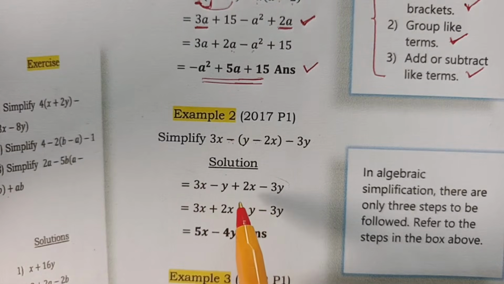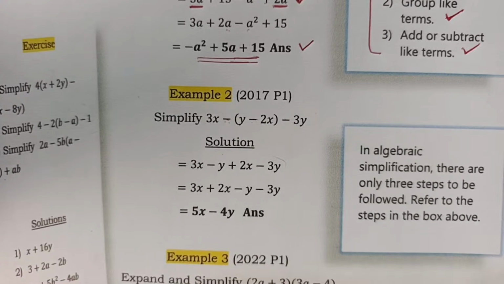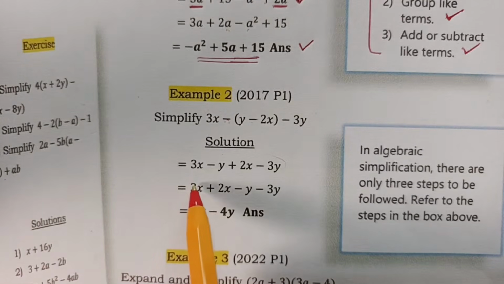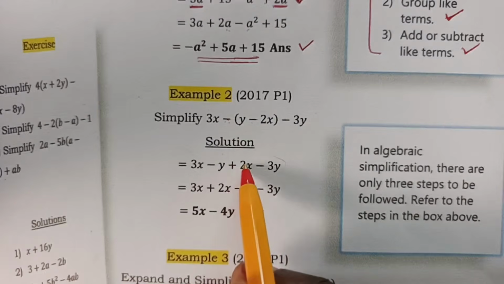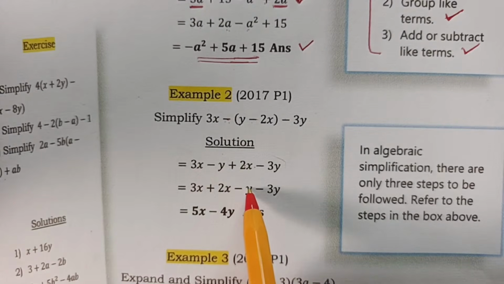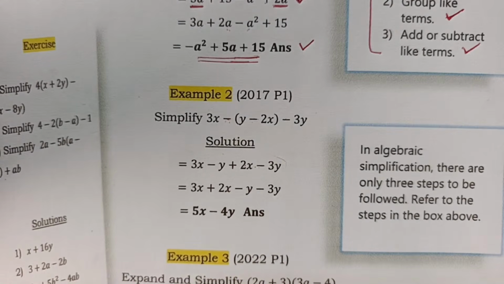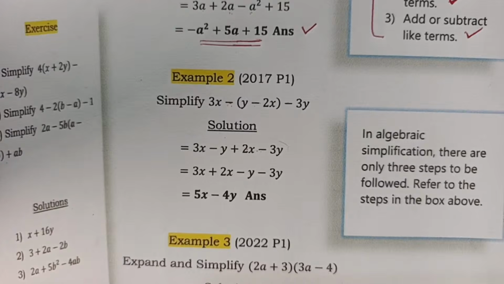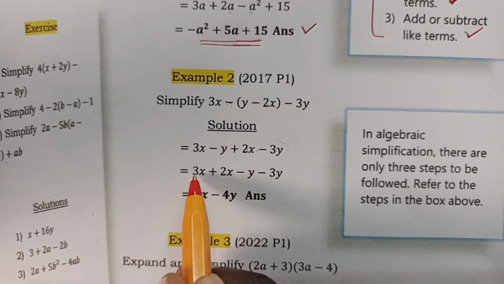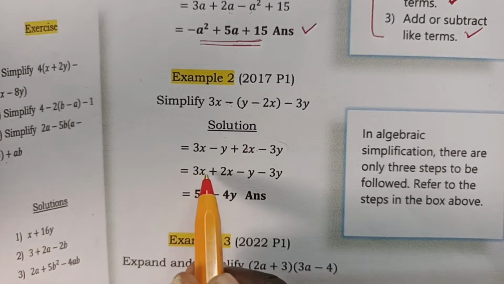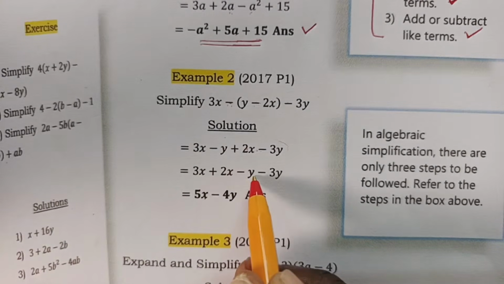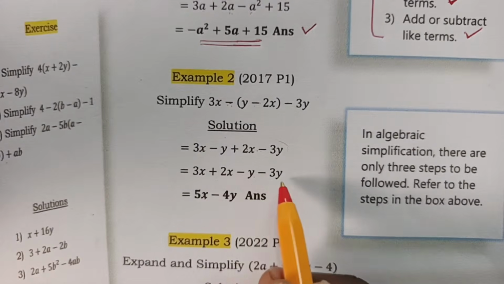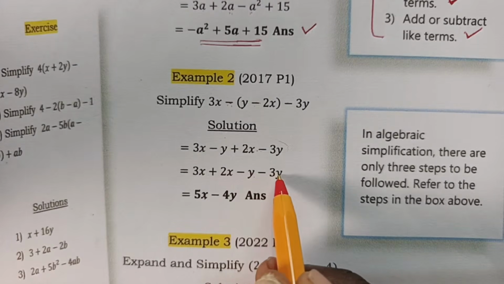after getting rid of the brackets, we now group the like terms. So this is 3x. So you write 3x and then you say plus 2x. These two are like terms, and then minus y minus 3y. You can see we've grouped the like terms. And after grouping, you now add, this is 3x plus 2x, we're getting a 5x. Negative y minus 3y.